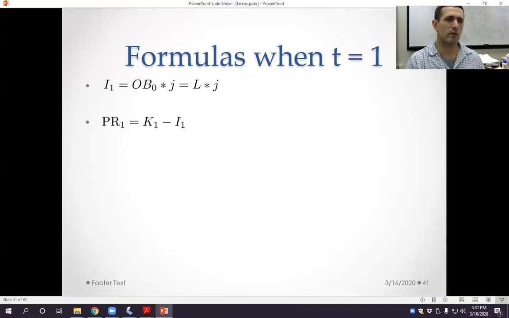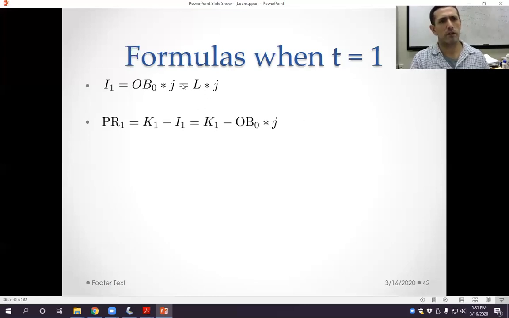PR_1 is basically how much your first loan payment is; you first pay off interest, the rest goes to principal. You're just paying interest first, then principal. It's all just those two pieces. So not much to say there.